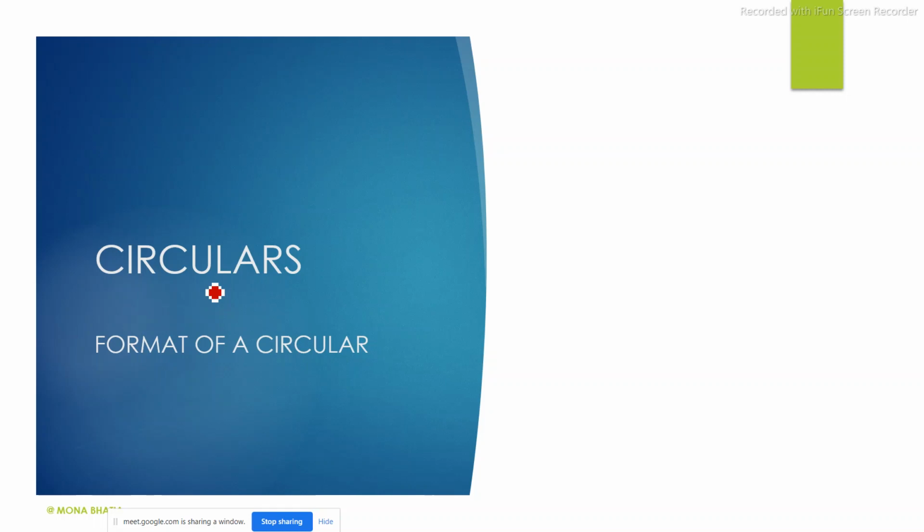Okay. Now, circular is something which can be sent to the stakeholders of an organization. The receiver in this case is a large number, because the subject for which you are sending the circular is relevant to all those people to whom you are sending it.